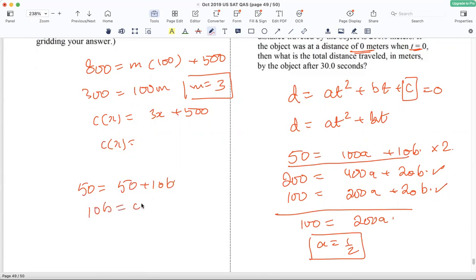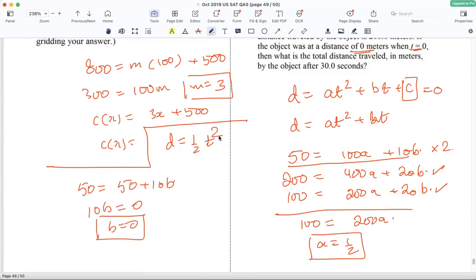So 10b is 0, so b is 0. So ultimately, my equation becomes d is 1 by 2 t squared, right? That's my final equation. So distance traveled after 30 seconds, that would be d is half into 900. So that's 450.